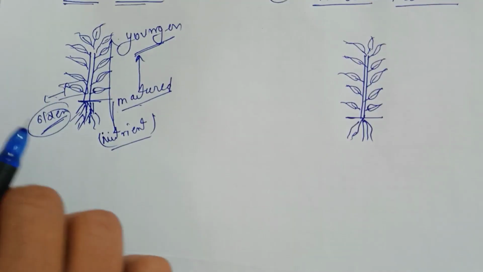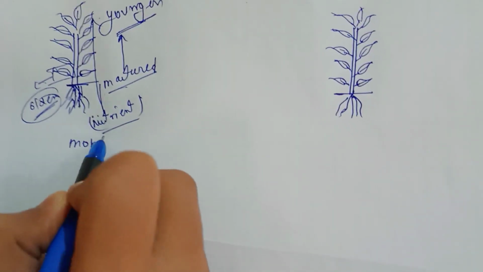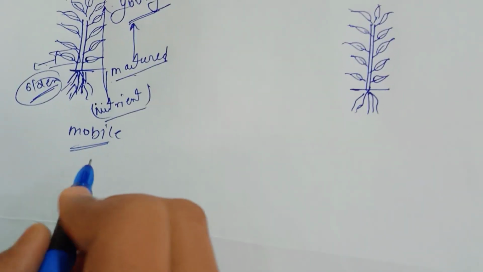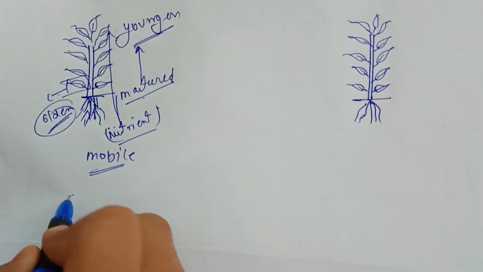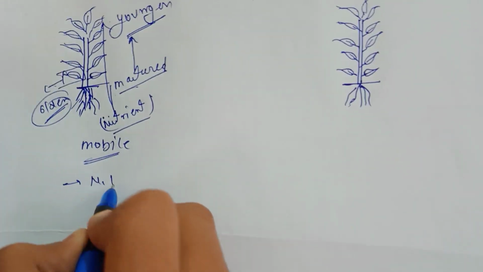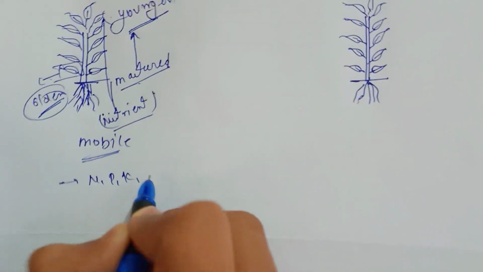These are called mobile nutrients. Examples of mobile nutrients are nitrogen, phosphorus, potash and magnesium.